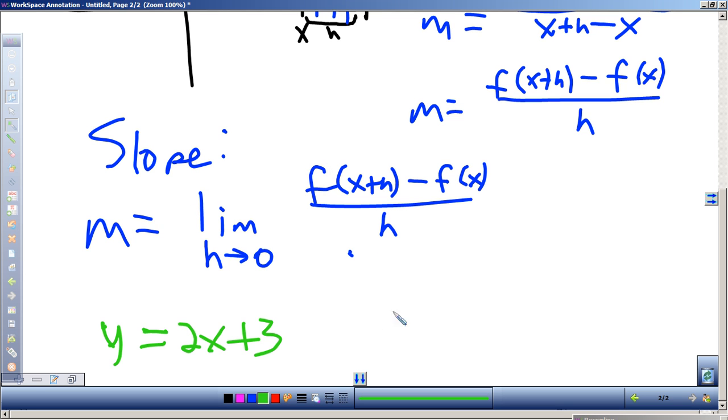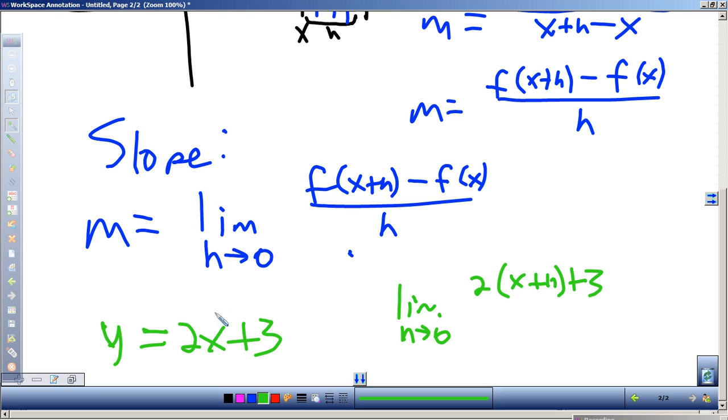What is f of x plus h? The limit as h goes to 0 of, what is f of x plus h for this? Okay, well, 2 times x plus h plus 3.